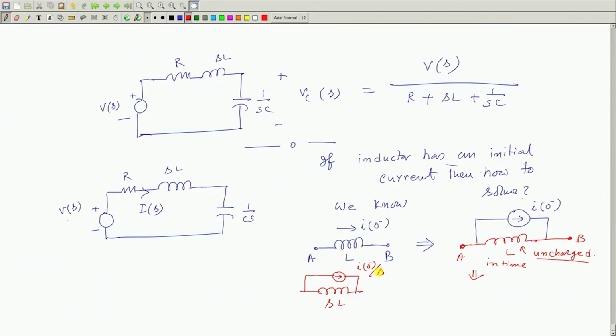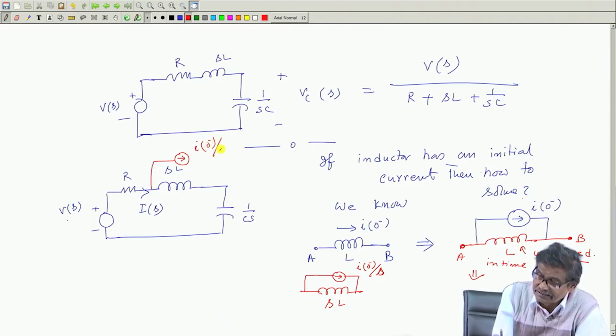Suppose in this example, if this inductor has got some initial current, you draw the circuit SL like this, but then put another parallel branch here with a current source I 0 minus by S, like this.